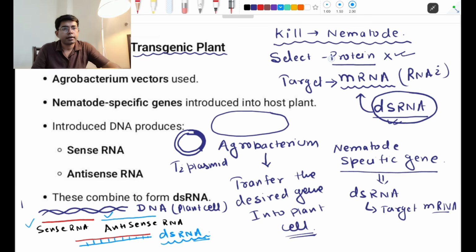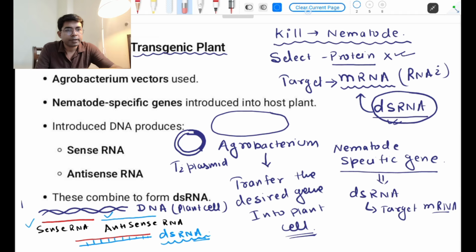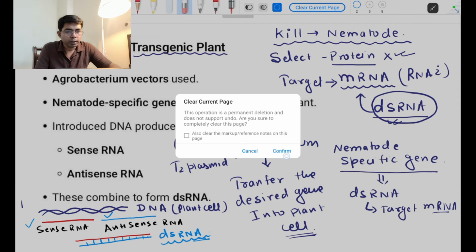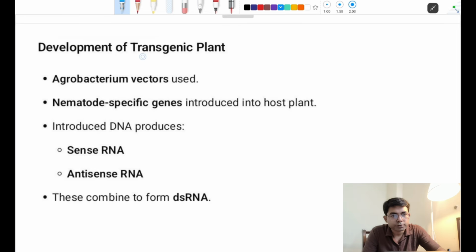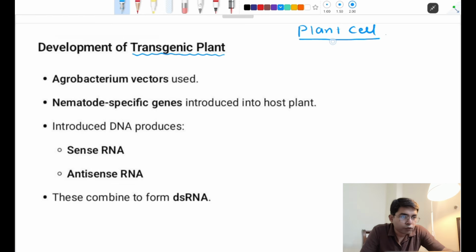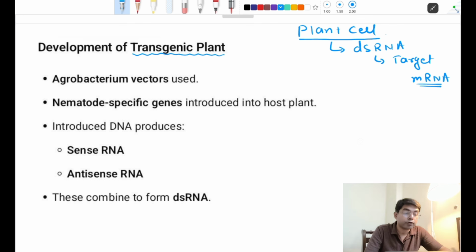So once again, in a very simplified way, let me explain this. The basic purpose of developing a transgenic plant was that you need a plant cell which forms a double-stranded RNA, and this double-stranded RNA should target the mRNA of the nematode, not the mRNA of a plant cell.